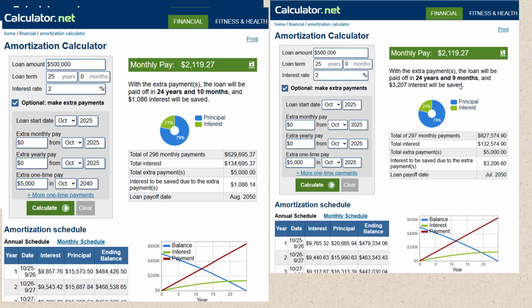And it also reduces how long you have to pay off the mortgage. Making this early payment, instead of 25 years, it takes you 24 years, 9 months. The later one still shortens it, but only by a couple of months to 3. So you're still saving something, but if you make that big payment earlier, you're going to save more.